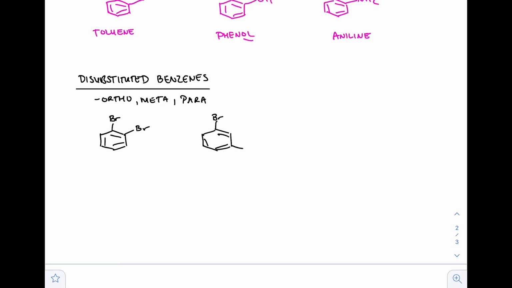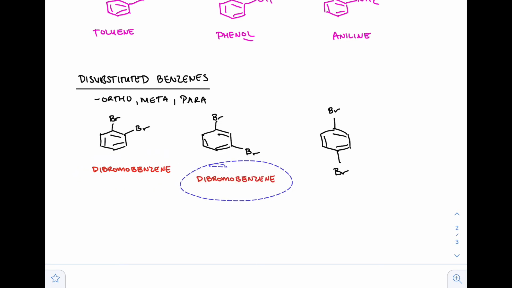Let's say we have 2 bromines on there. We've got different positions that we can put these bromines to give us 3 different constitutional isomers, so we need to figure out how to distinguish between them. And they are all technically going to have the suffix dibromobenzene, if you want to call it a suffix.